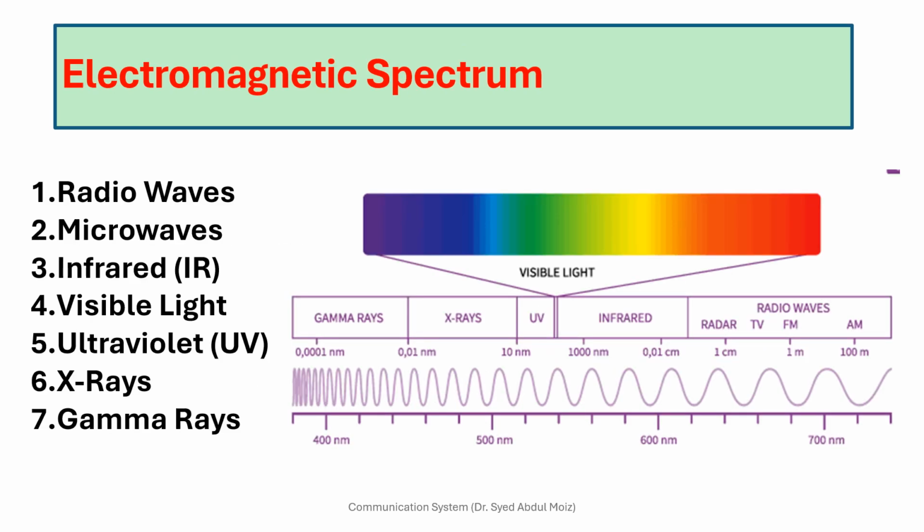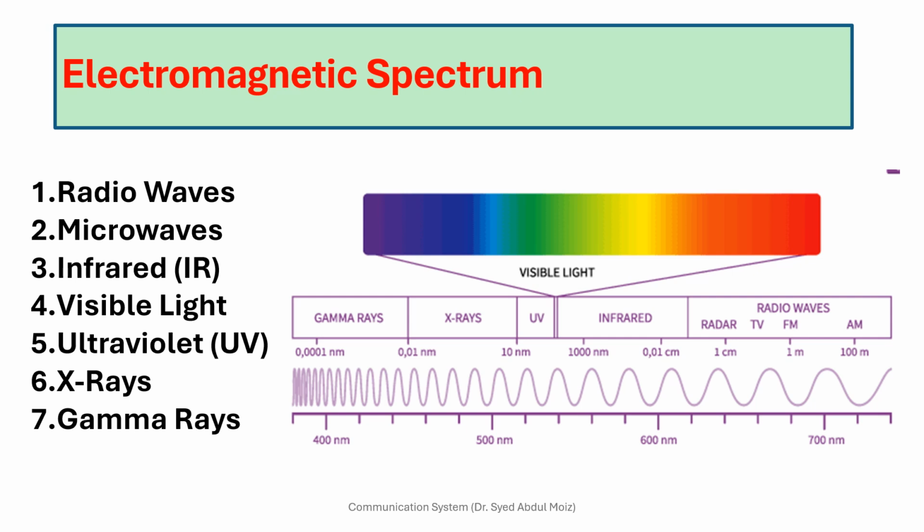The electromagnetic spectrum spans an immense range of wavelengths and frequencies, and it is divided into distinct regions based on their properties as well as their applications.